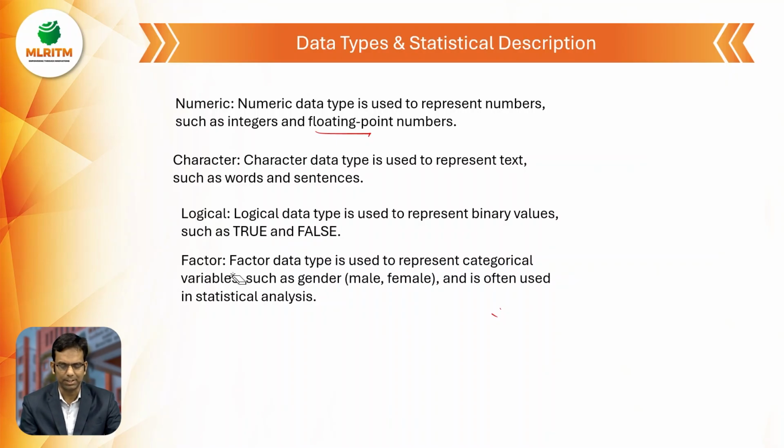Then here we have factor. A factor data type represents categories. Whenever you represent the data in various categories, for example gender specification, we categorize gender as male or female. In that gender specification, we declare the factor data type. A factor in R programming accepts the various categories of the data.